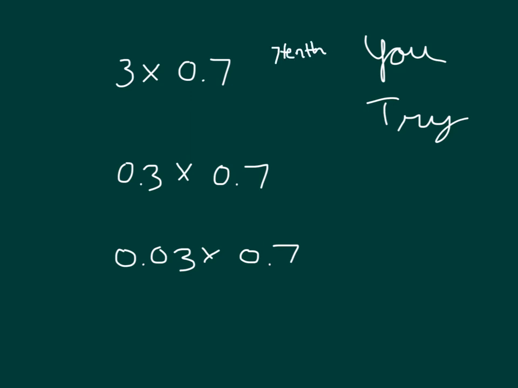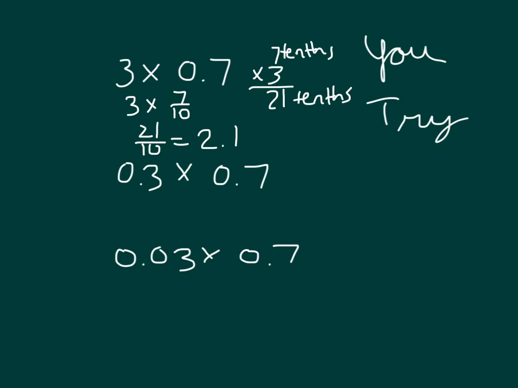Did you write 7 tenths times 3 equaling 21 tenths? Or did you listen to me and say, oh, Mr. Yen said to write it with a fraction, and wrote 3 times 7 tenths to get 3 times 7 is 21 tenths, and 21 tenths in decimal form is 2.1. So 3 times 7 tenths is 2 1/10.